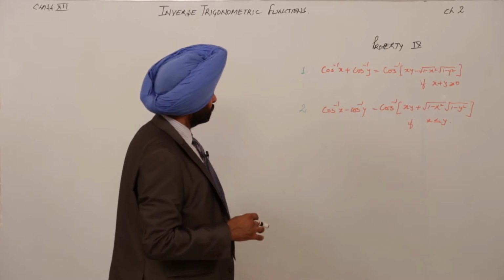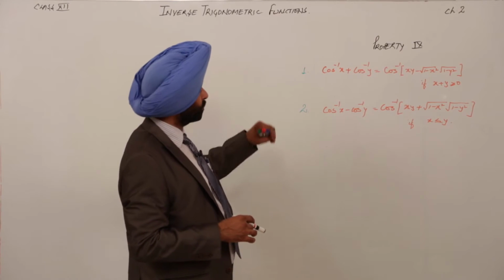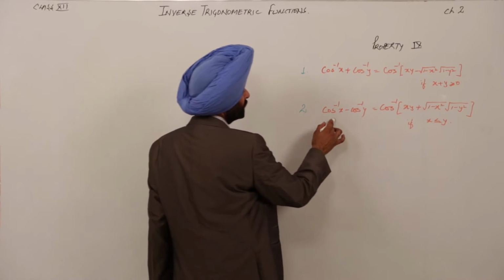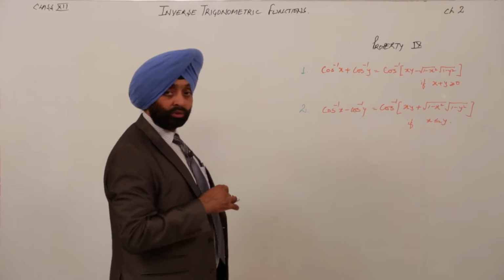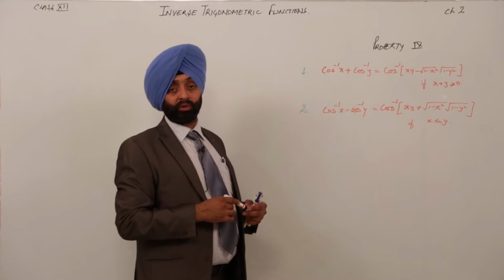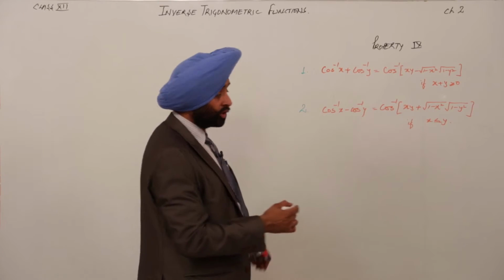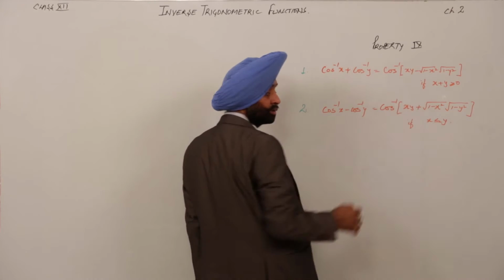Similarly, for the second part of property number 9, it is cos inverse x plus cos inverse y is equal to cos inverse of xy plus square root of 1 minus x square times square root of 1 minus y square, and here the condition is x is less than or equal to y.